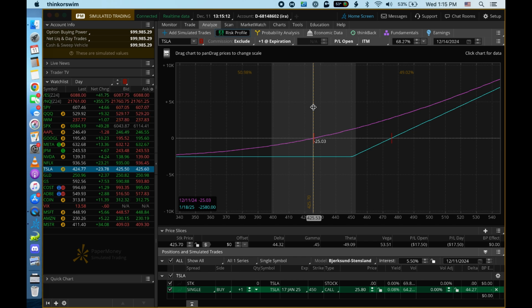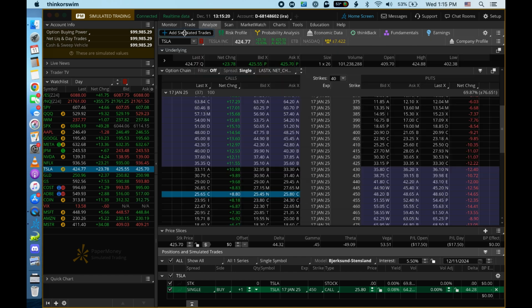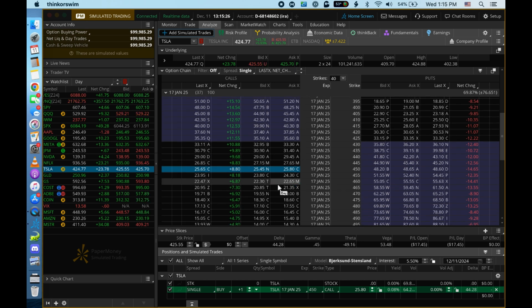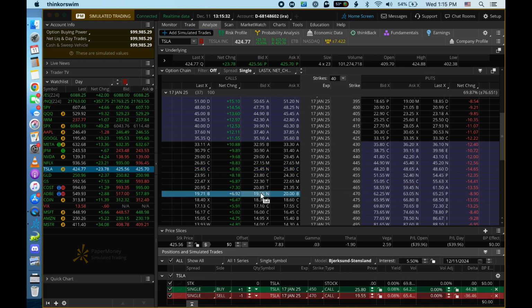So let's see how we can control our risk a little bit better by turning this into a bull call spread. And we're going to do that by selling a call in the same expiration series, but further out. So I'm going to look at the 470 strike and we're going to sell a call. So we are buying the 450 call and selling the 470 call.